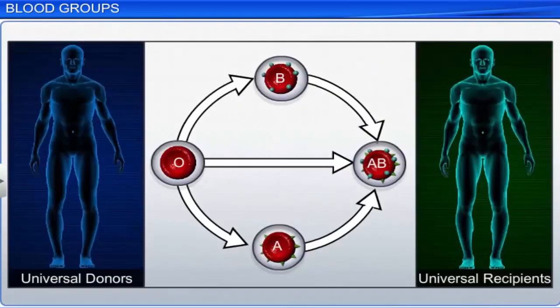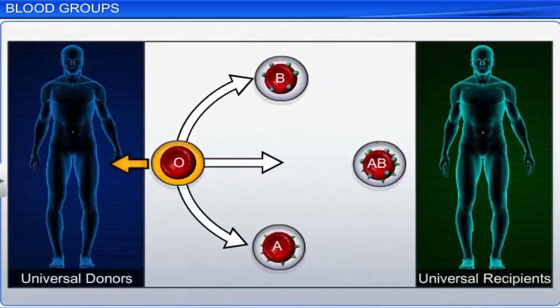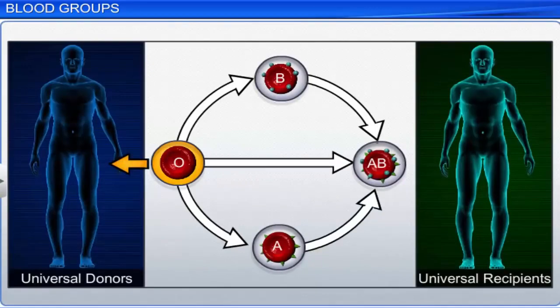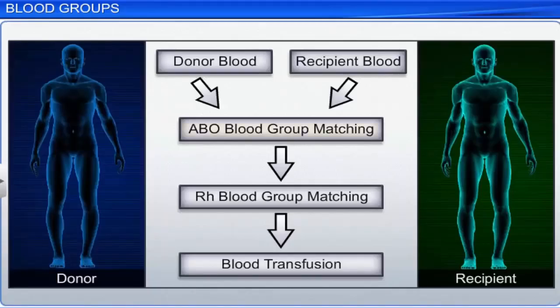Hence, individuals with blood group O type are called universal donors, while individuals with blood group AB type are called universal recipients. In addition to ABO blood grouping, Rh blood group matching is also universally carried out during blood transfusion.